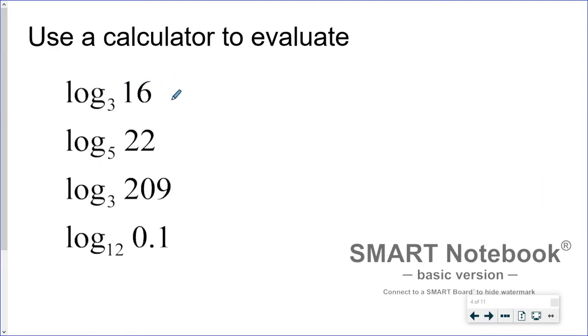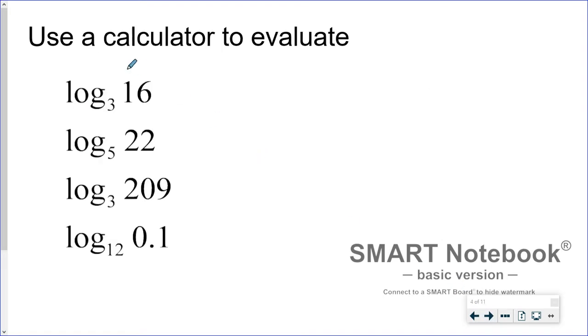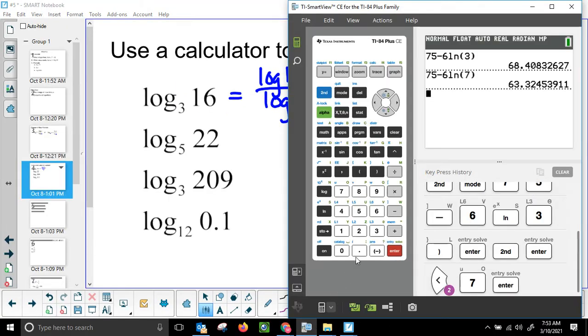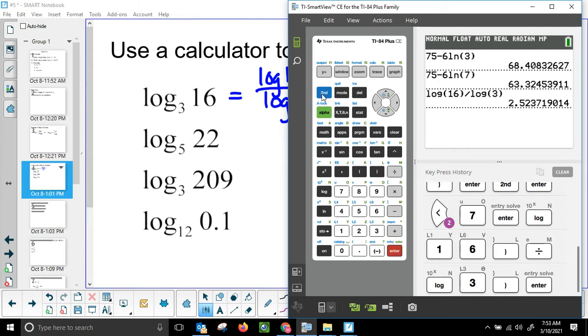All right, so if we want to use a calculator to evaluate this, remember here it says we take the log of our argument divided by the log of our base. So here we could say log of 16 divided by log of 3. And if we go ahead and do that, we get 2.524.